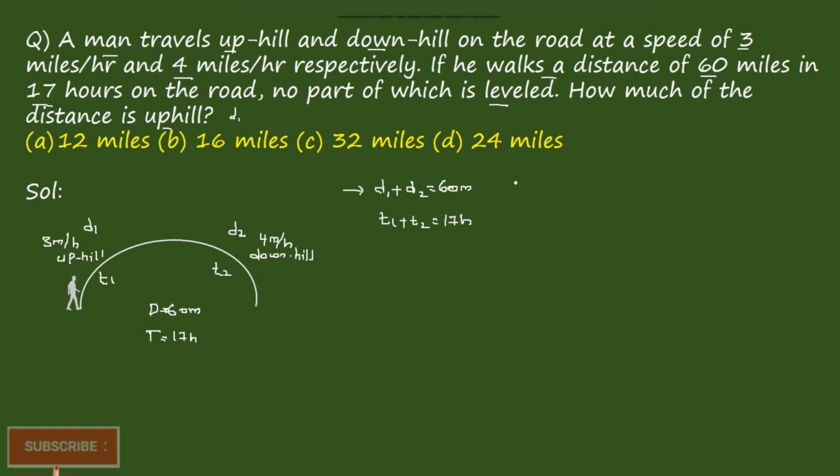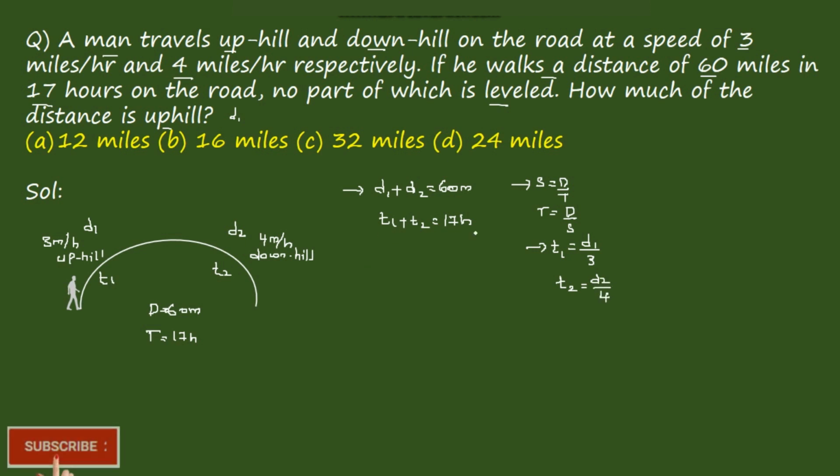But we know that speed is equal to distance by time, then time t is equal to distance by speed. For uphill, time taken is t1, distance is d1, and speed is 3 miles per hour. For downhill, t2 is equal to distance d2 by speed 4.